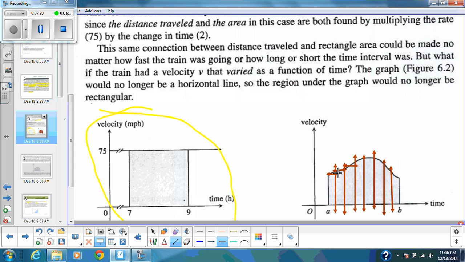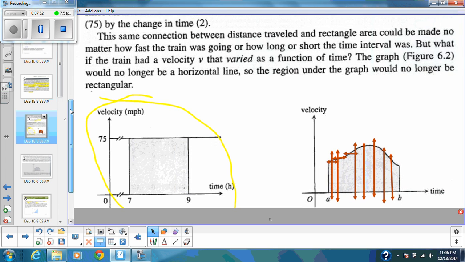Should I go from the left or the right here? How do I make a rectangle when the top is curved? It's an approximation, basically. But you can imagine the smaller and smaller that these rectangles get, the less I'll be off in between for these areas, if that's making sense.